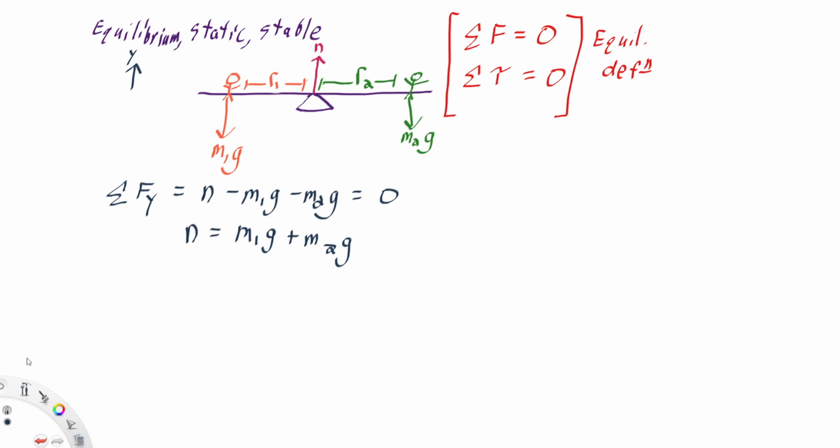I guess if we were being really pedantic about it, we could also say that the seesaw itself has some mass, and okay, you're right. And because this class has a reputation for pedantry, I'm going to fix that up.